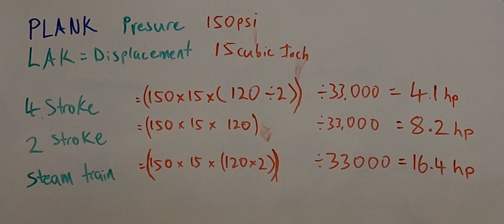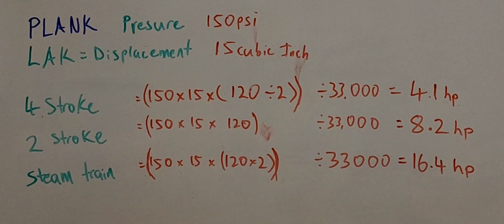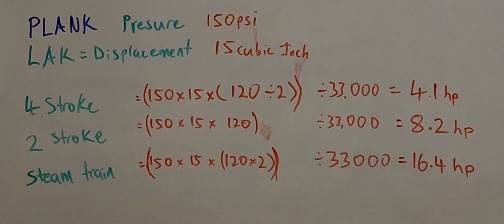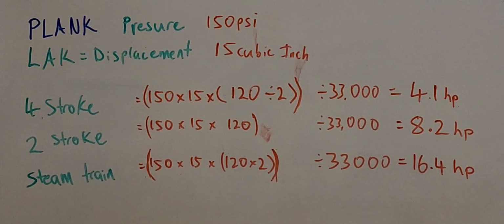So in a four-stroke application, 150 psi cylinder pressure, and when I say cylinder pressure, we're talking about what's called brake mean effective pressure, which I'll get into next. But at the moment, brake mean effective pressure times the displacement, 15 cubic inches, and then for our four-stroke, we apply our power strokes. In this case, I've used an RPM rating of 120.